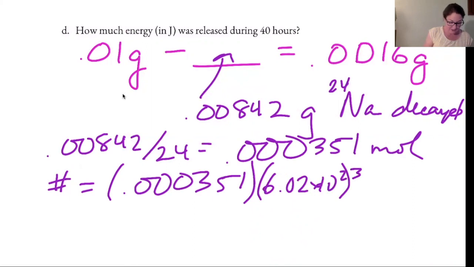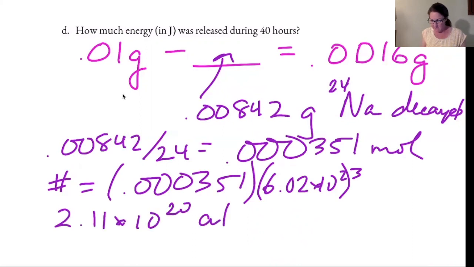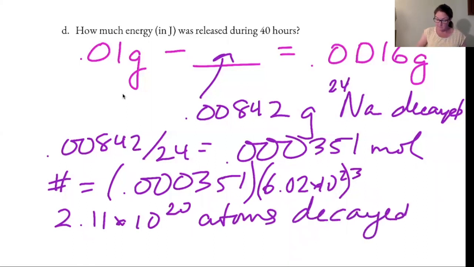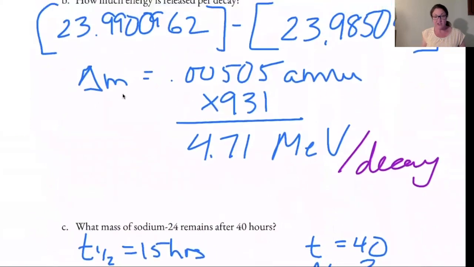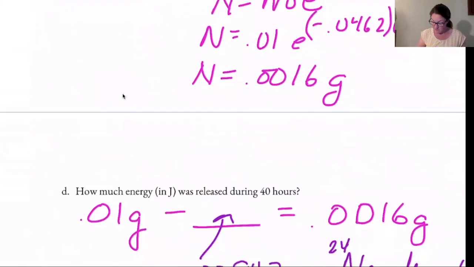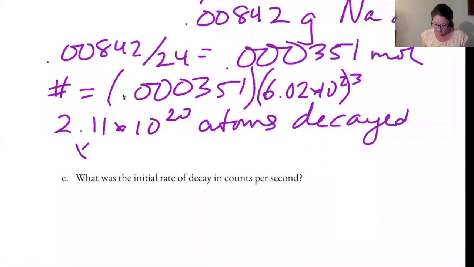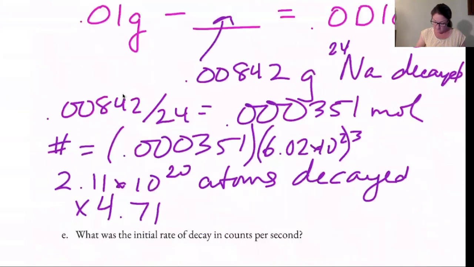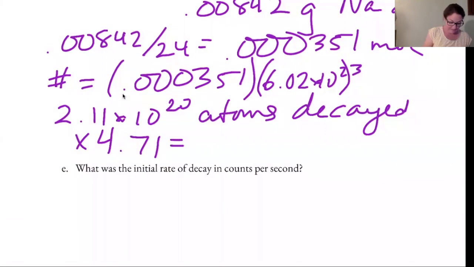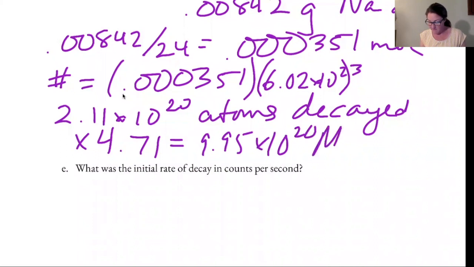So times 6.02 times 10 to the 23rd yields 2.11 times 10 to the 20th atoms decayed, with an energy of 4.71 mega electron volts per decay, gives me a total of 9.95 times 10 to the 20th MeV.